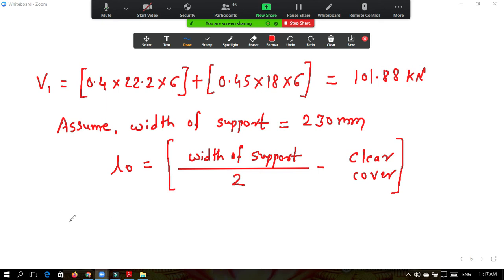Therefore L0 is equal to the width of support, 230 divided by 2, minus clear cover, which is 30 mm.